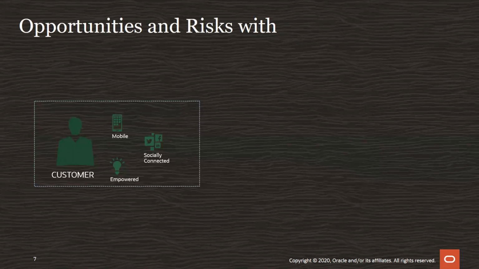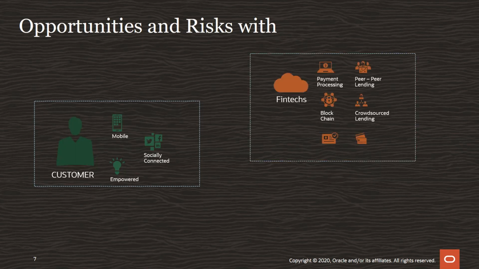Now, if you think of it the other way around, how does a financial banking institution impact a customer's life, and how can a customer impact the day-to-day life of a financial banking institution? Let's take the example of a fintech company.